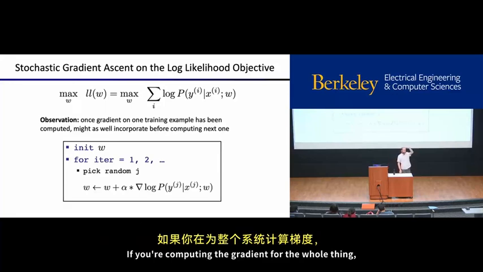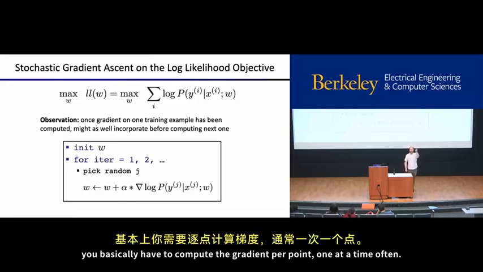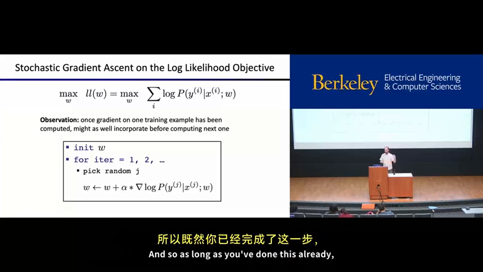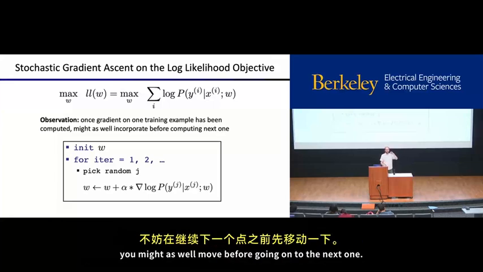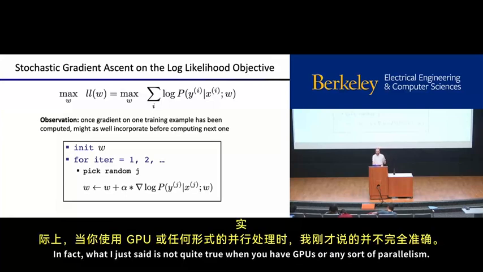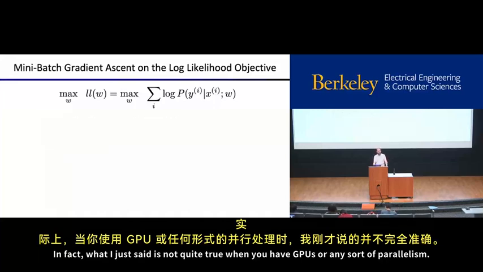If you're computing the gradient for the whole thing, you basically have to compute the gradient per point one at a time, often. And so as long as you've done this already, you might as well move before going on to the next one. In fact, what I just said is not quite true when you have GPUs or any sort of parallelism.